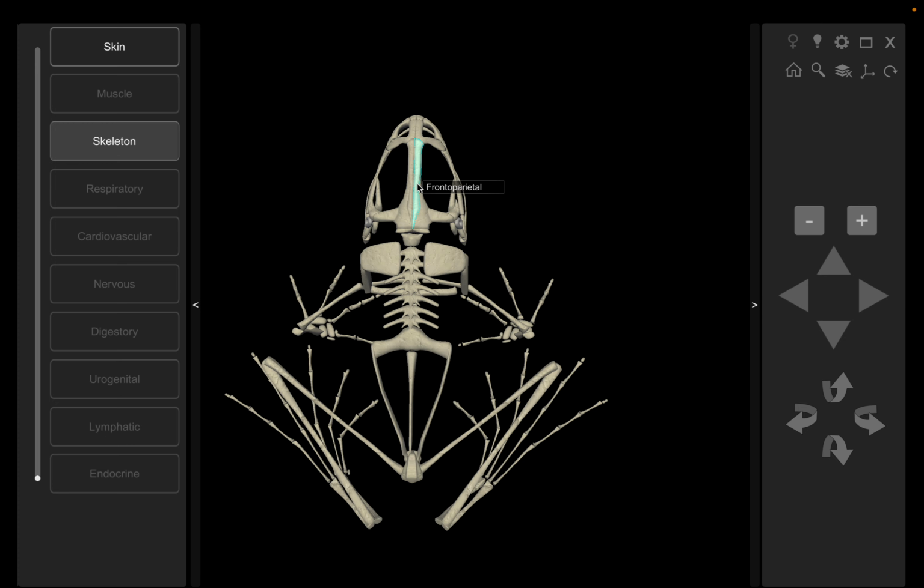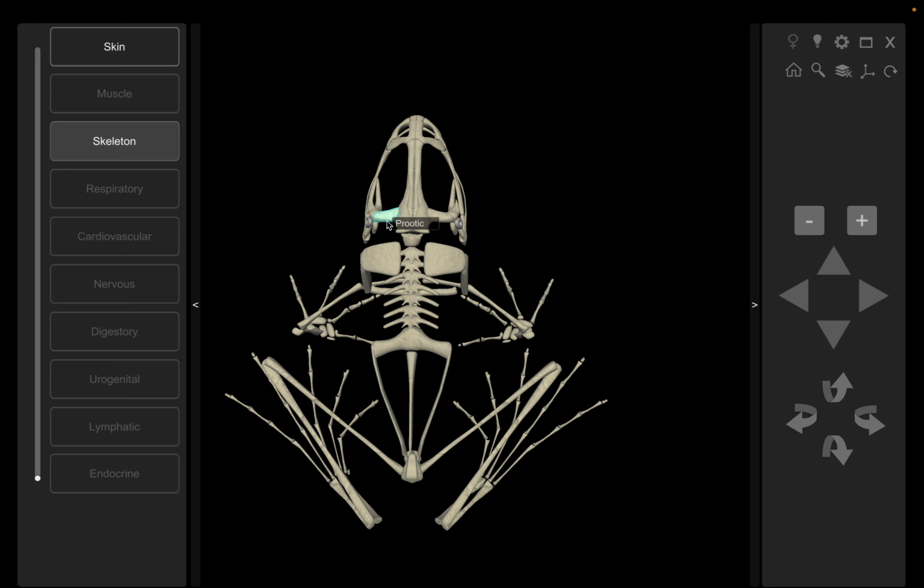Here you can see the neurocranium actually comprises the area surrounded by the pair of prootic bones, this one and this one, and the exoccipitals. This area here comprises the bone group that encases the brain of our model animal.